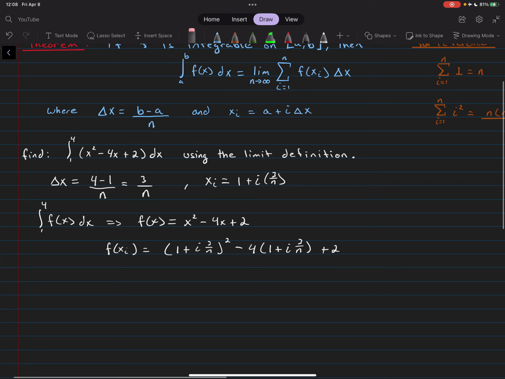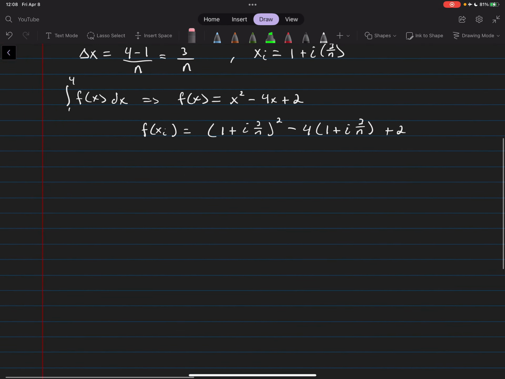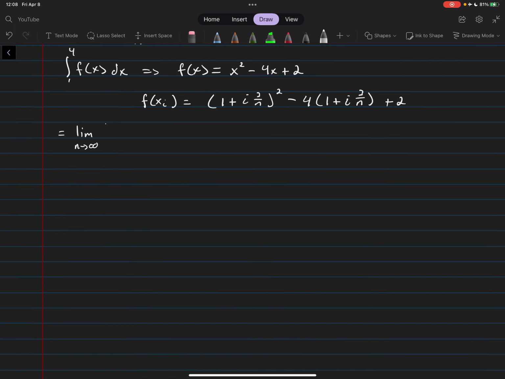So now let's write out the right-hand side of this definition. So this integral is going to be equal to the limit as n goes to infinity of the sum over i equals 1 to n.